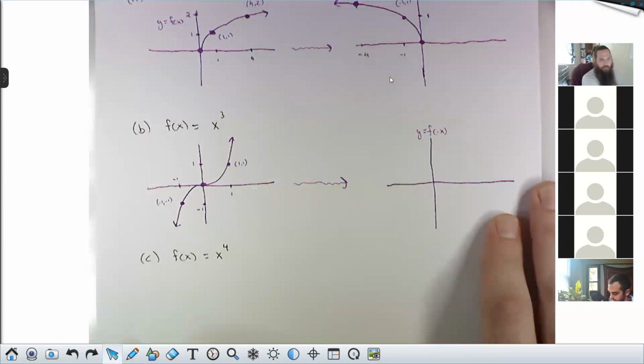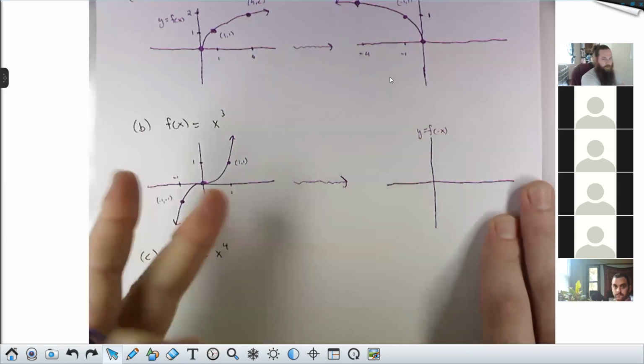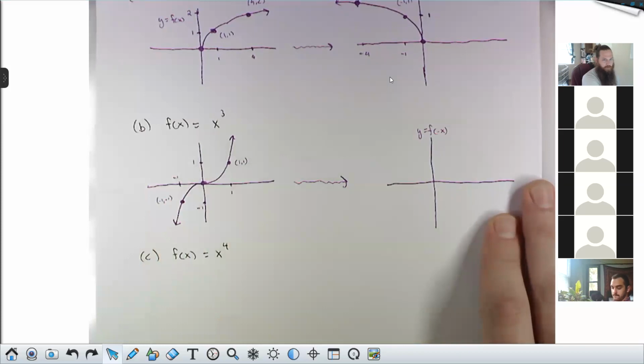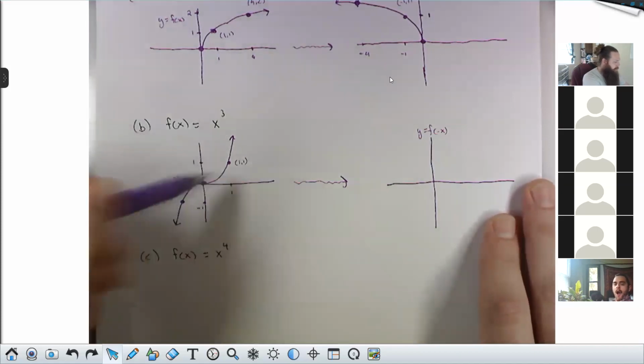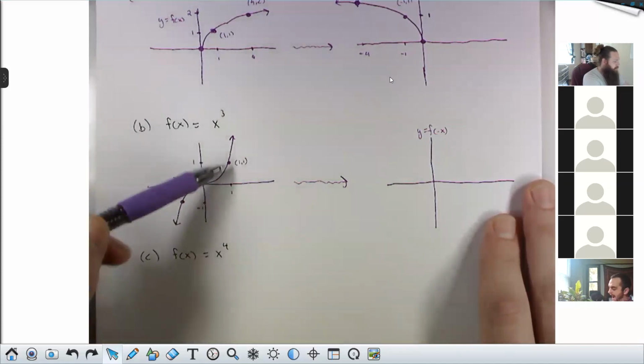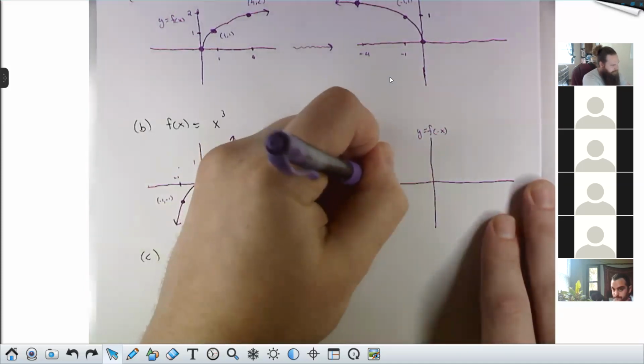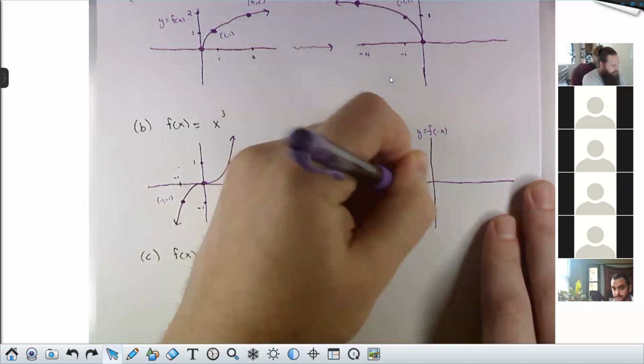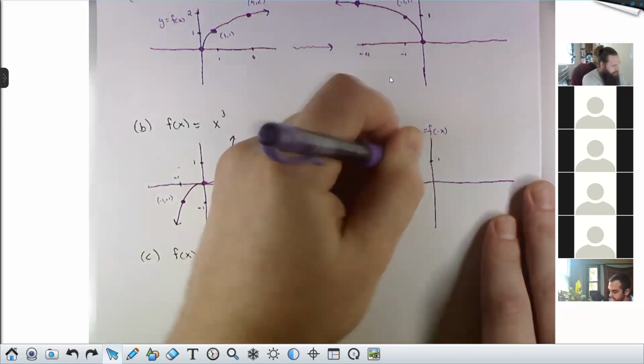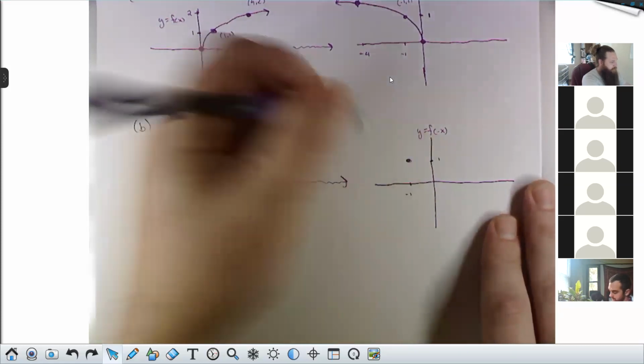Same deal, right? I'm flipping the graph over the y-axis. I'm flipping it over horizontally, which means I'm going to divide all the x values by -1, which again is the same as multiplying them all by -1. So this point, if I flip it over, is going to come over here. So let me label (-1, 1). There she is.